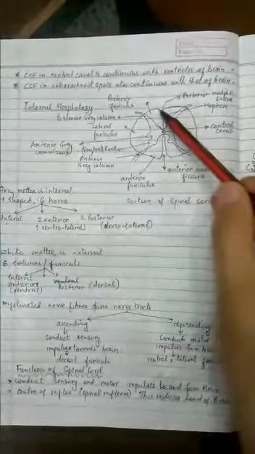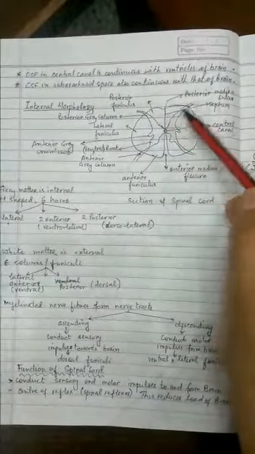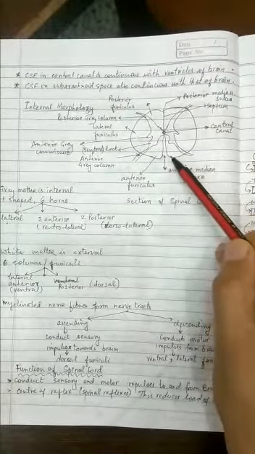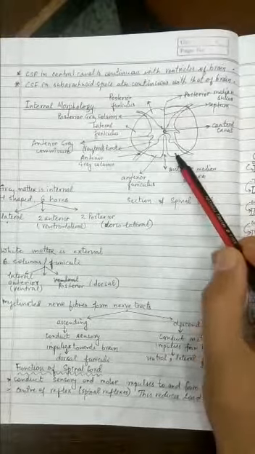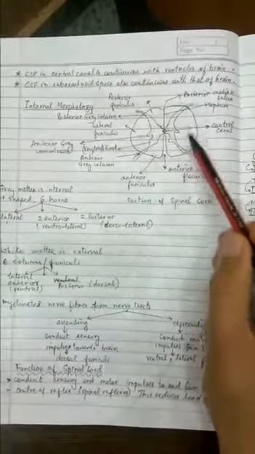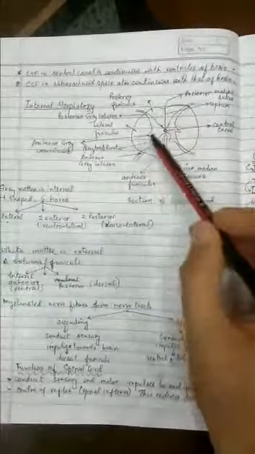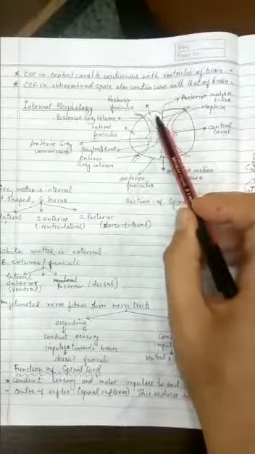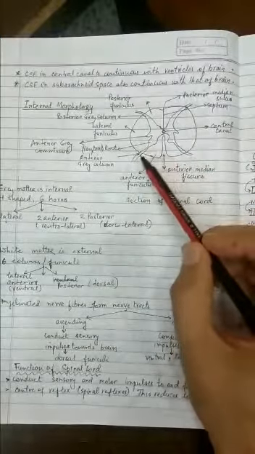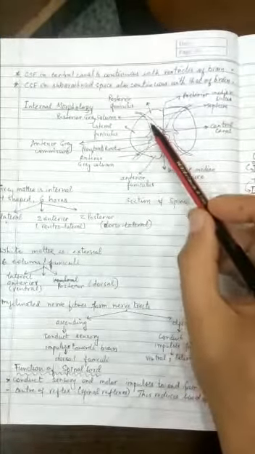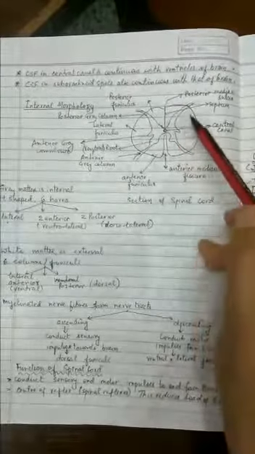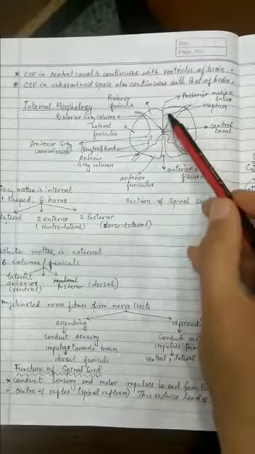There is a small depression present here which is called the sulcus, but there is a deep fissure present here, and then these are the anterior funiculus, these are the white matter, lateral funiculus, posterior funiculus, and then this is the gray matter which carries the anterior column of the gray matter, posterior column of the gray matter, lateral column of the gray matter. And then there is a posterior portion which carries the septum.